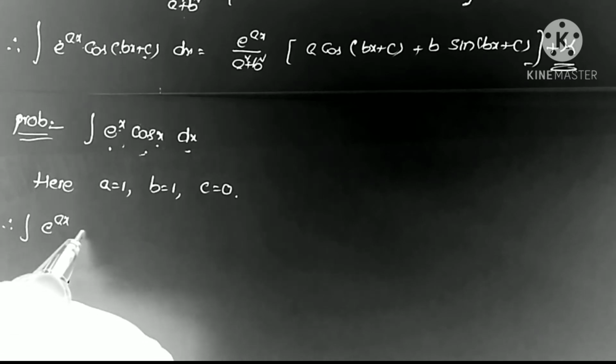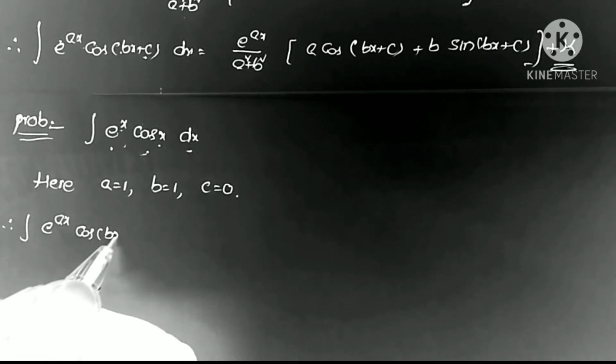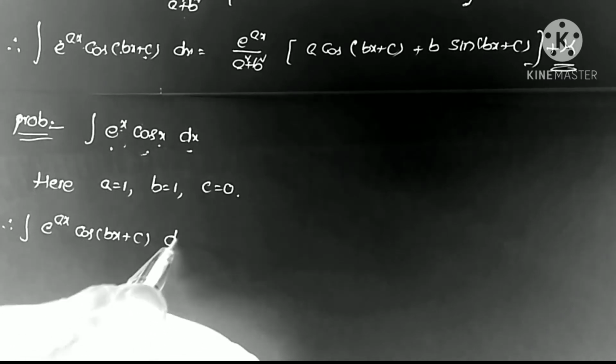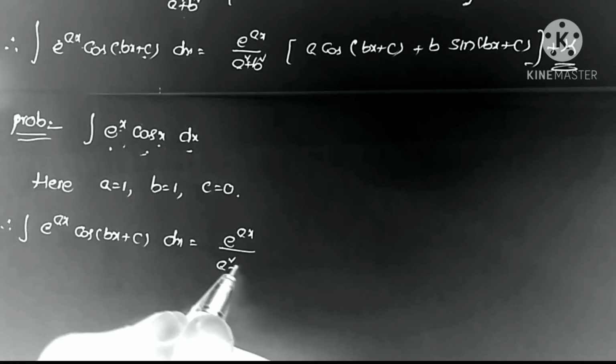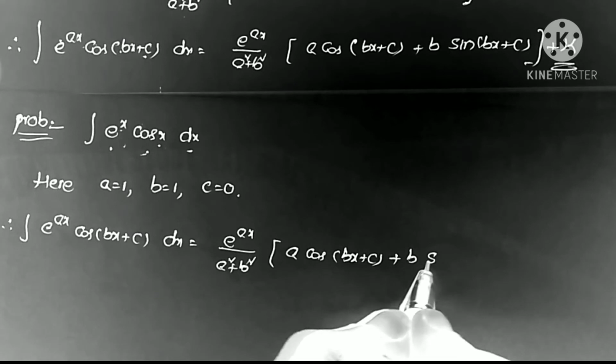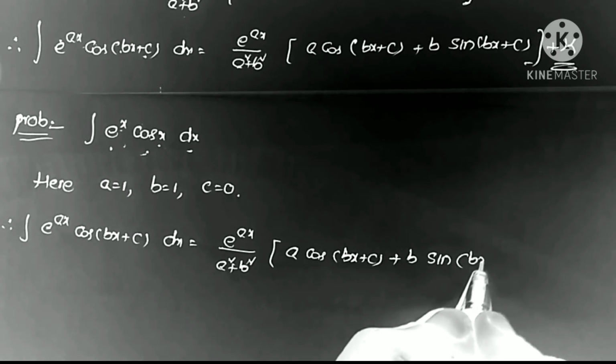Therefore integral e^(ax) into cos(bx + c) dx is equal to e^(ax) by a² + b² into [a cos(bx + c) + b sin(bx + c)] plus k.